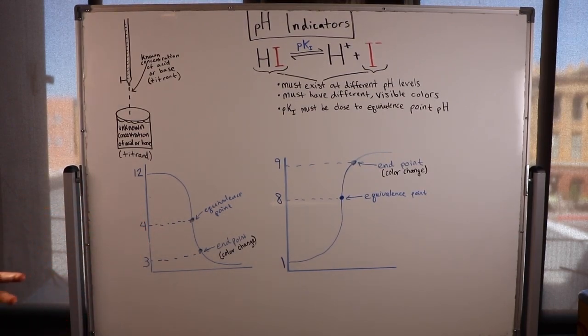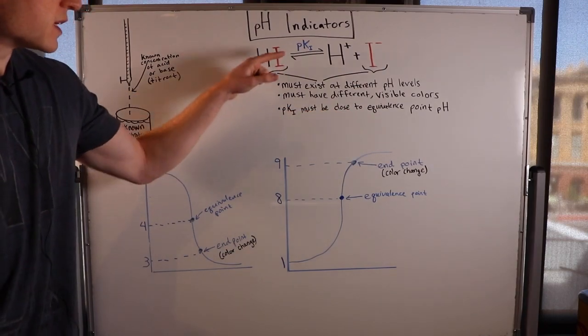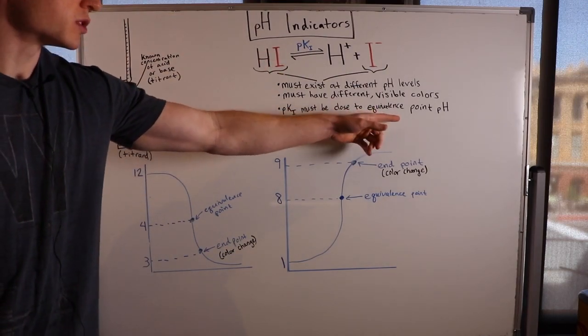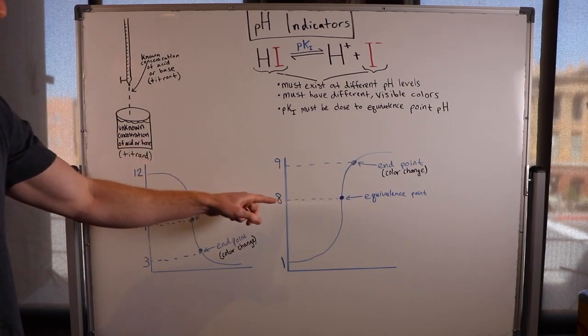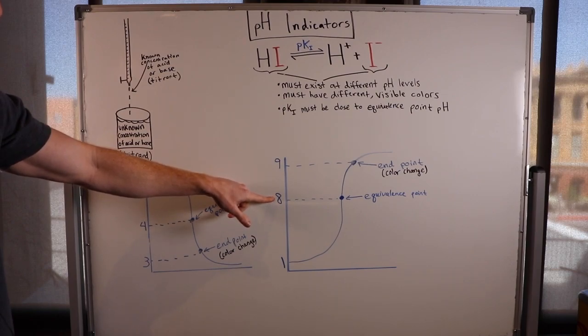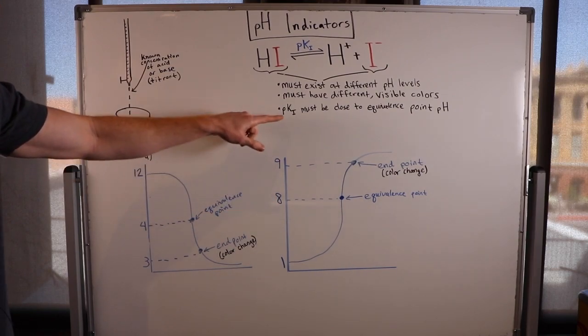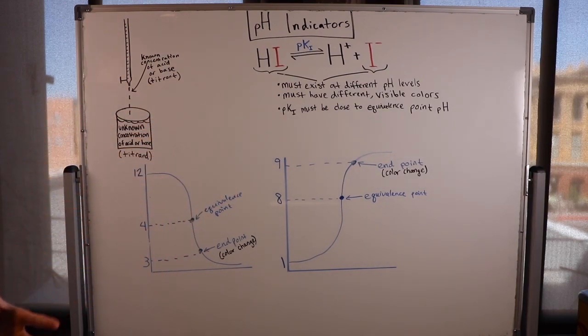And at this point, we would see that, okay, when it changes from red to blue, we know the pH must have crossed its equivalence point because we selected the correct indicator for this titration, because we want the pKi of the indicator to be as close as possible to the equivalence point pH. So here's the equivalence point pH of this titration, 8. So we would want the indicator to change colors very close to 8. So we would want the pKi to be very close to 8. So hopefully that makes sense.